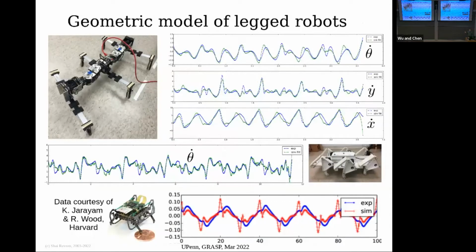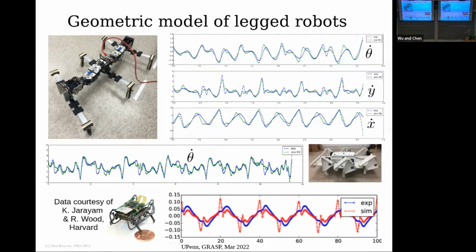This is the sort of thing that makes you really worried when your results work really well for reasons that you know are wrong. Okay, so what you see are theta dot, y dot, x dot for the robot experiment and the simulation for our six-legged robot, which, by the way, should seem very familiar to GRASP people because this was a design made by folks in Mark Yim's lab.